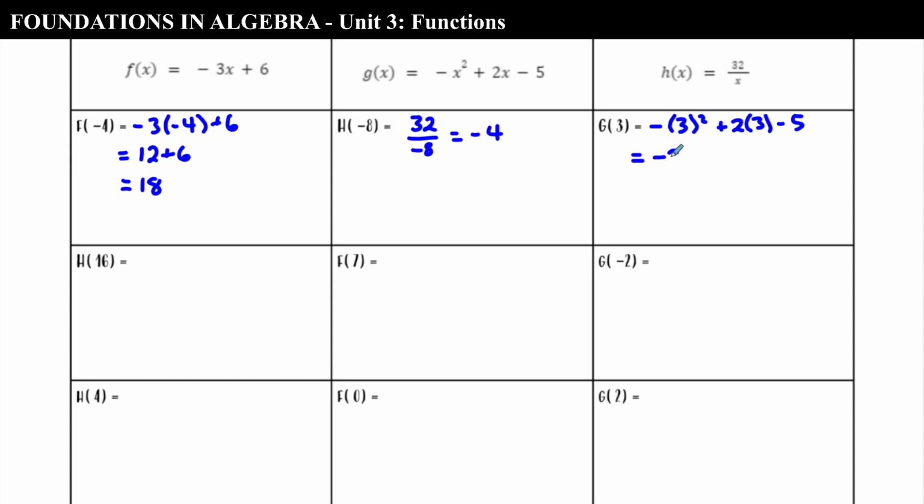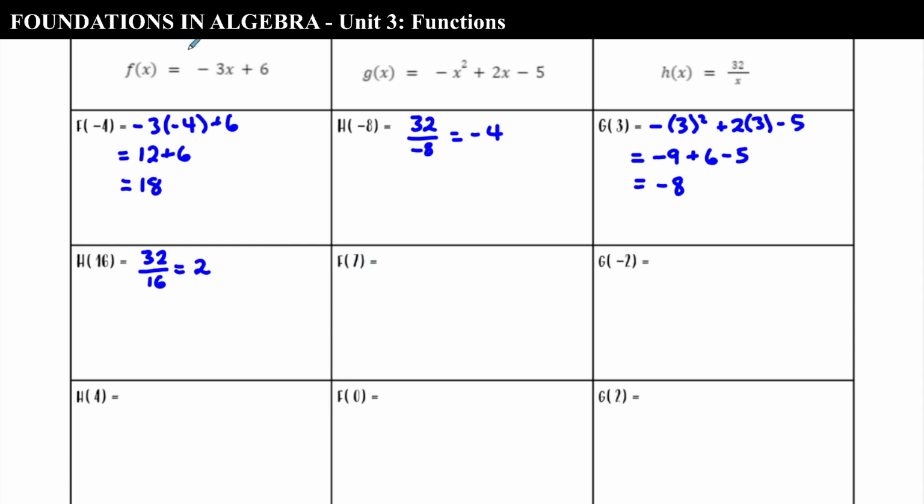So we have negative 9 plus 2 times 3 is 6 minus 5. So negative 9 plus 6 gives us negative 3 minus 5 gives us negative 8. For h of 16, we're doing 32 over 16, which gives us 2.